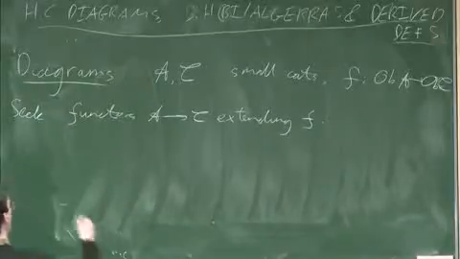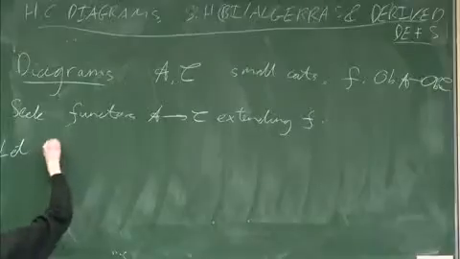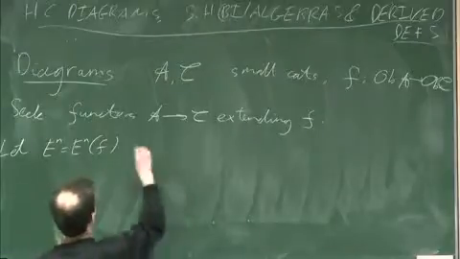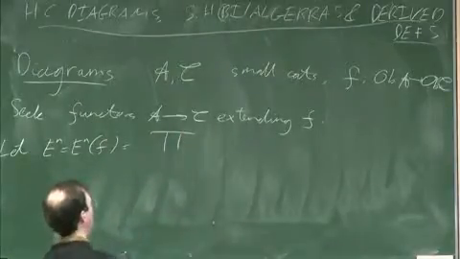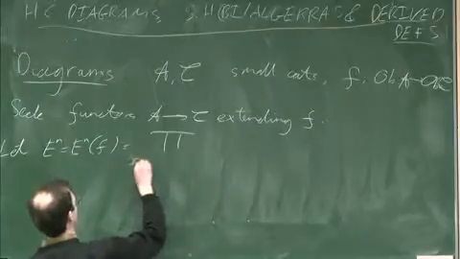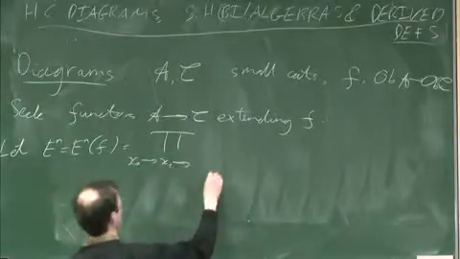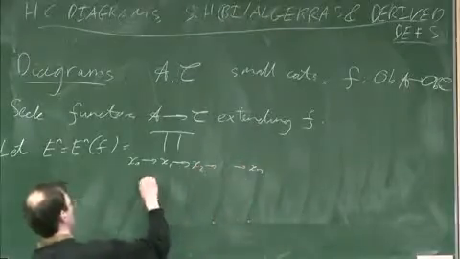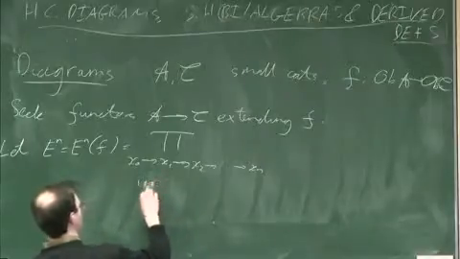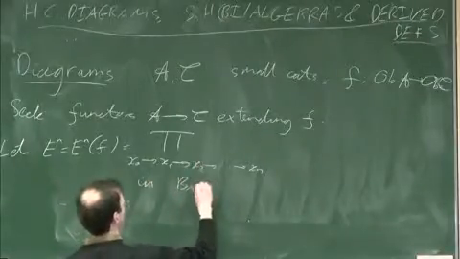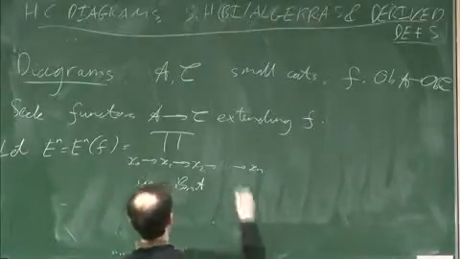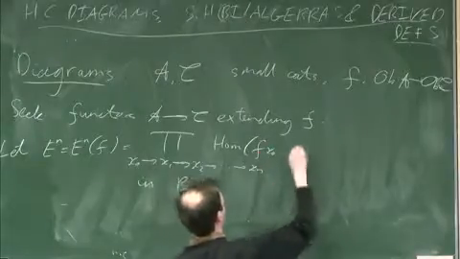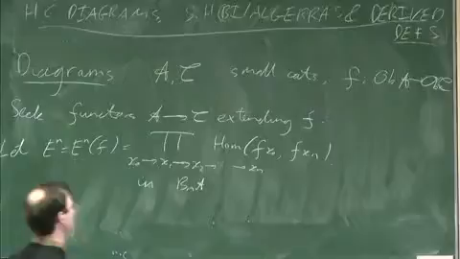Okay, so what we do now is we let En, or sometimes I'll write this as En of F, be the product over all strings of morphisms n long. So this is something in the nth level of the nerve of A, and we just look at hom from f of x naught to f of xn.